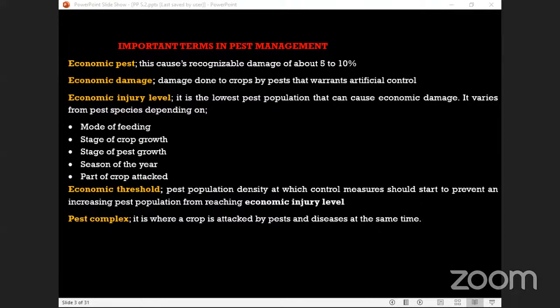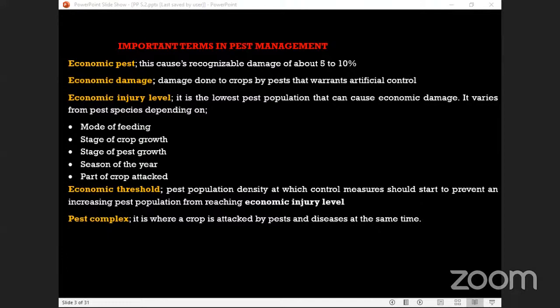And then we have economic injury level. It is the lowest pest population that can cause economic damage. The total number of pests which can easily cause damage. And they vary from one species to another, depending on the following: the mode of feeding.